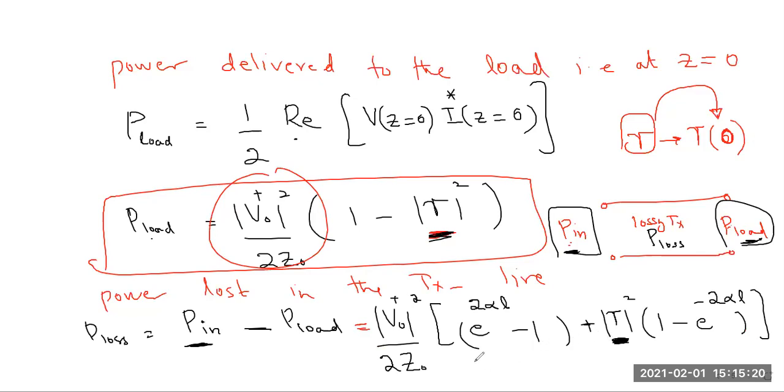Now we can also see another important pattern in this expression. The power loss is P in minus P load. You can clearly see that this part is the power going in the forward direction, and this is the power which is reflected back.